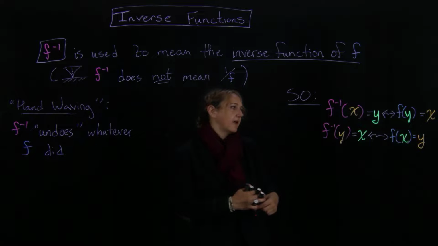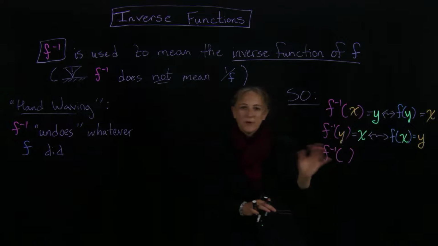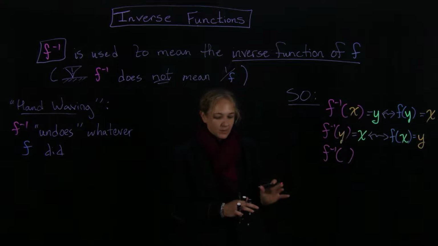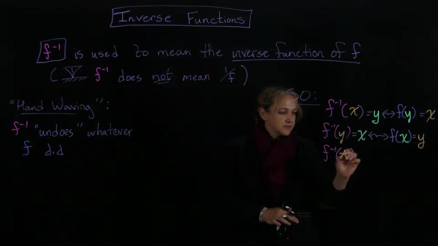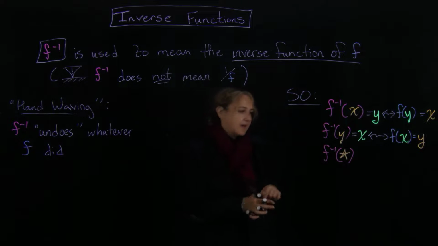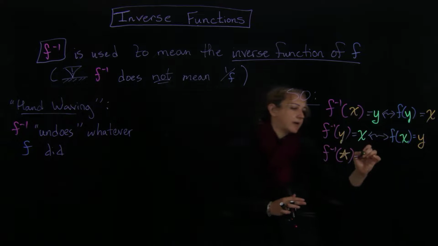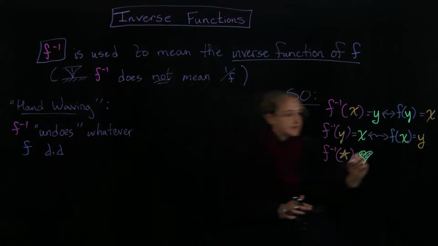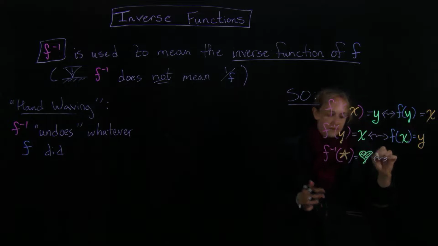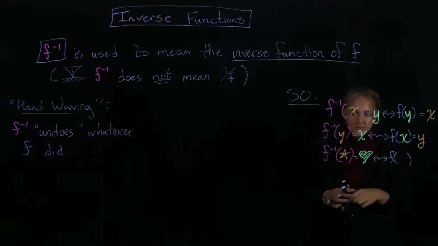And just to emphasize, because this gets a little confusing to people when both functions are written with x as the variable, you can replace the variable with something ridiculous like a star, and the corresponding output with maybe a heart. Then it's the same deal: f of heart equals star.